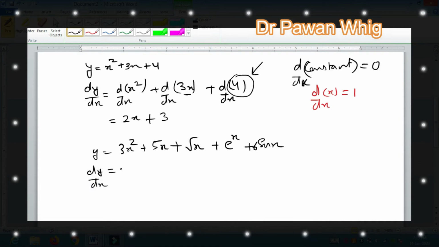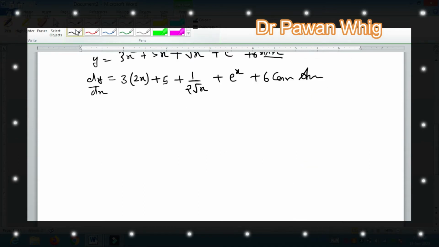Simple, 3x square differentiation is 6x, and 5x differentiation is 5, because 5 is not a constant, it is connected with the variable. Differentiation of x is 1, and for root x, I already mentioned you have to learn, this is equal to 1 upon 2 root x, and for e raised to x it is e raised to x, and for 6 sin x, the differentiation of sin x is cos x. So this is the answer of this expression.